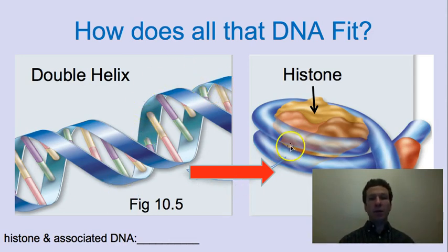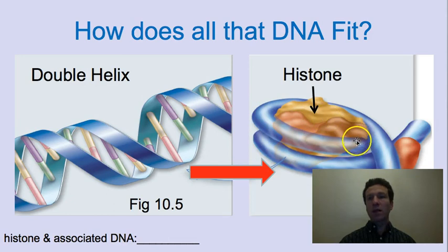The next thing that will happen is the DNA, which is represented by this blue tube, will wrap around a histone. A histone is a set of several positively charged proteins that are attached to one another. And DNA has a slight negative charge, and so it's attracted to the histones, and it wraps around in 2 loops around each histone.